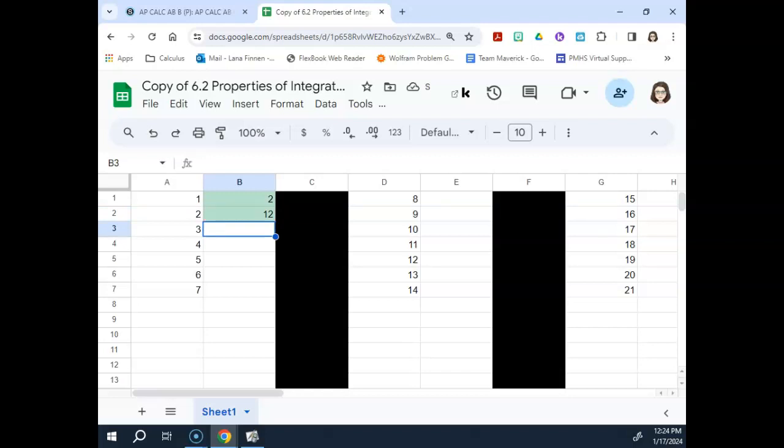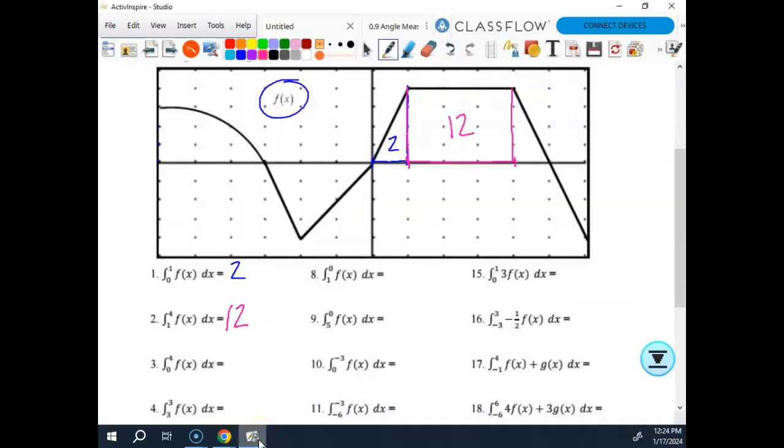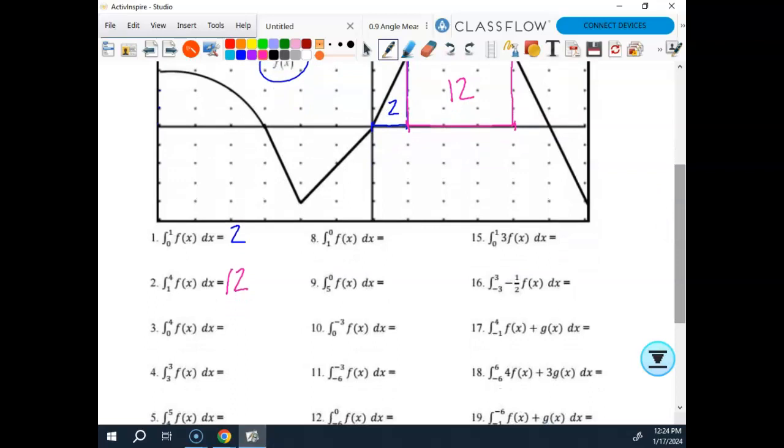The next one we're going to look at so that we know how to type things in correctly is number 11, but let me double check that I'm looking at the right thing. Yes. So let's jump to number 11. So I'm taking the integral from -6 to -3.